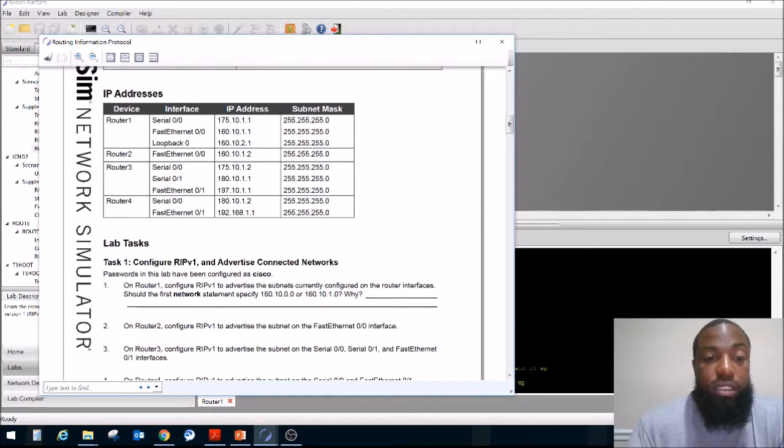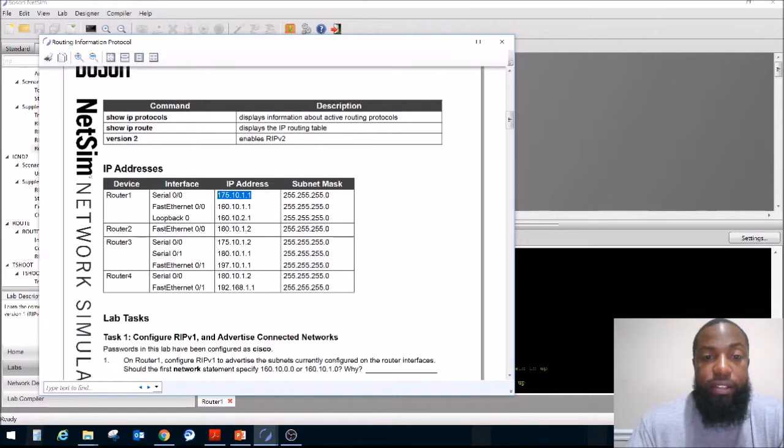So let's see. Router 1, we have two interfaces in the 160.10 network. The serial interface is in the 175.10 network. These two are in the 160. So if you know about subnetting, we need to use this as a network statement.